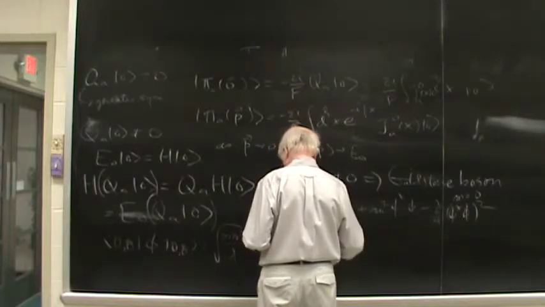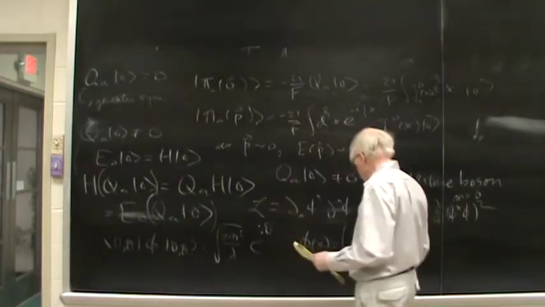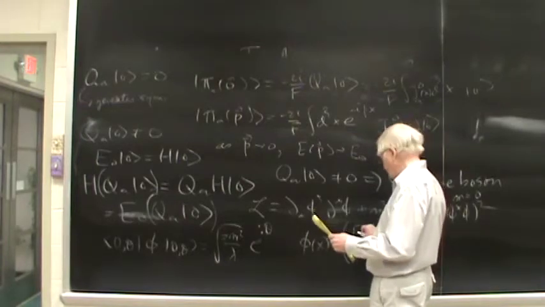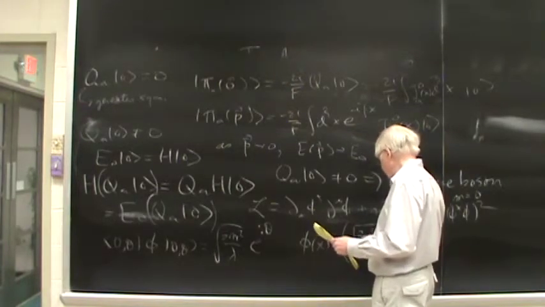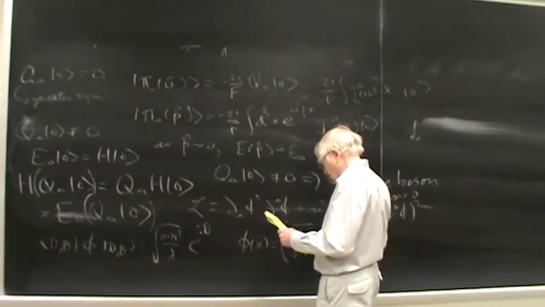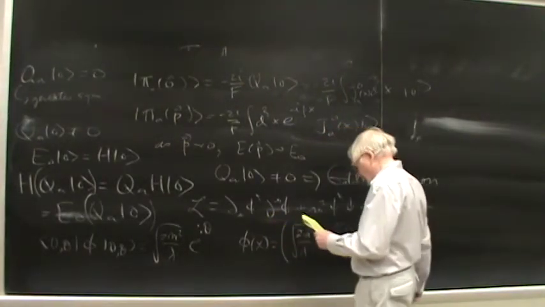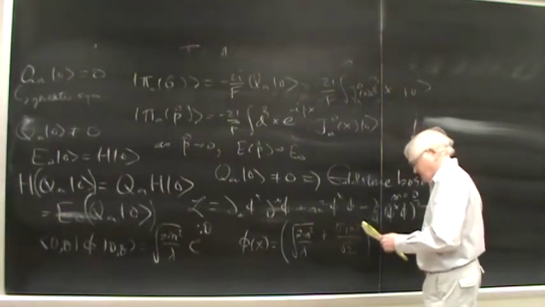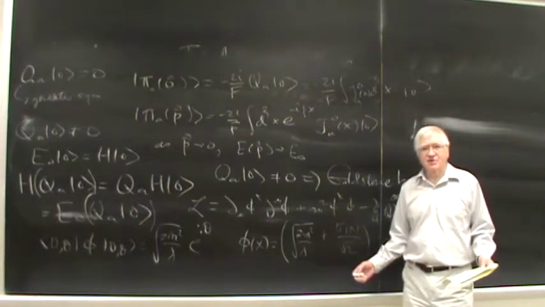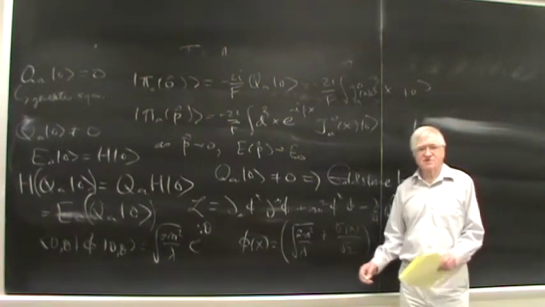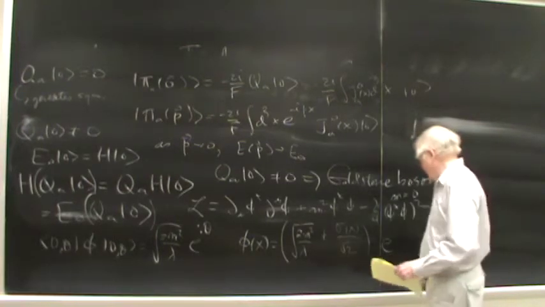Schwartz likes to use this kind of notation, which I think is a little confusing, but I did the clear thing for you on Tuesday, so I'm going to do the confusing thing now.